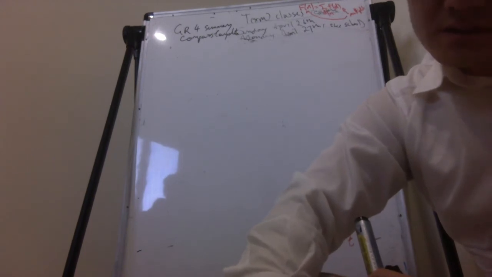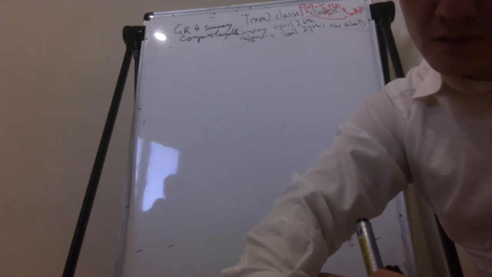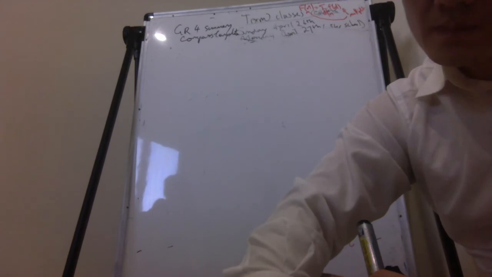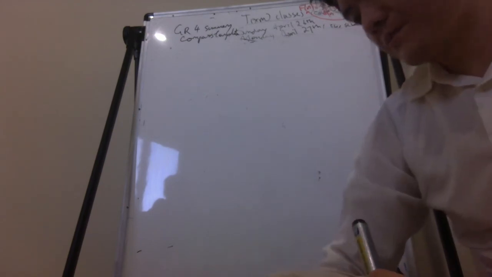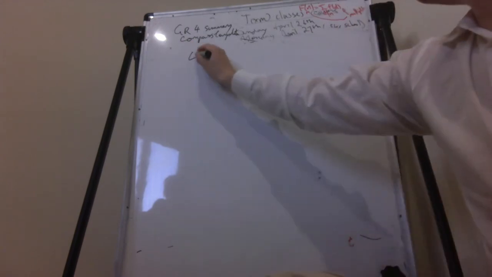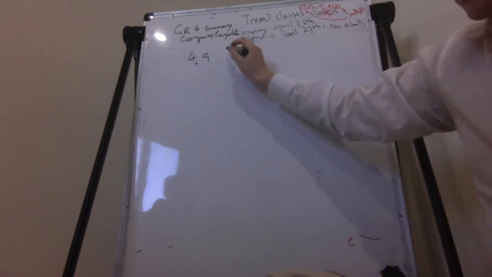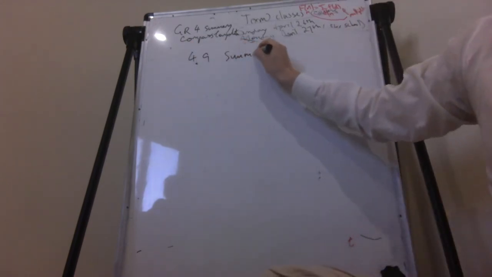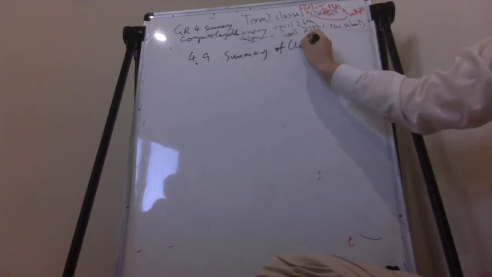So it's kind of nice to come back here and compare it. So, genealogy of transformations. This is going to be a summary of chapter 4.